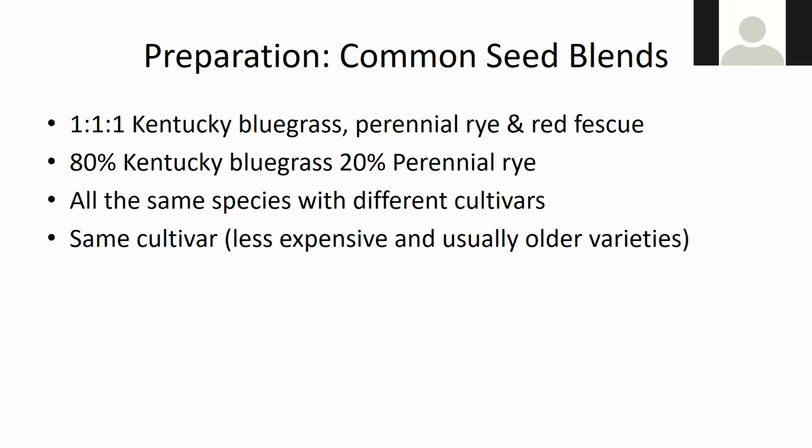And so we're not just using one cultivar, we use several cultivars of Kentucky bluegrass now, so that you get some genetic resistance to diseases. Some of them might be more drought tolerant, some of them may be more shade tolerant.